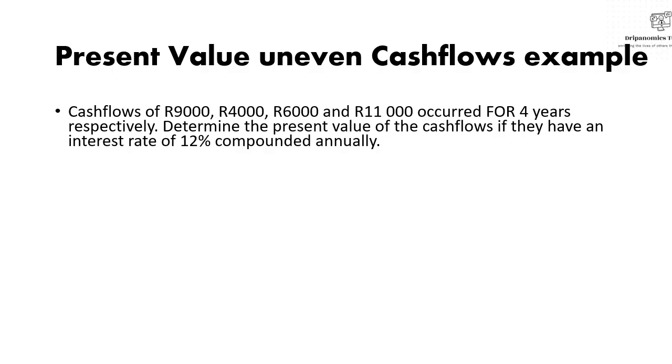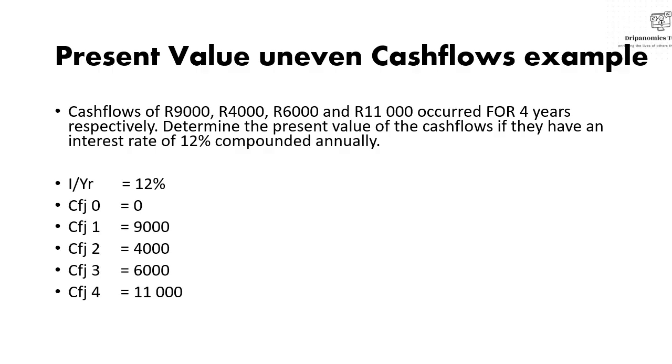Now remember that the NPV button is orange. So after you put all of these CFJs, you would press shift and then you press NPV. And then your NPV will give you an answer of 22,485.87.